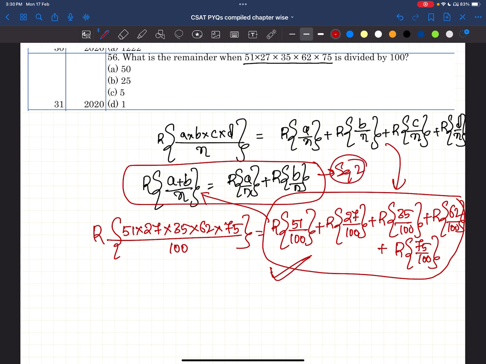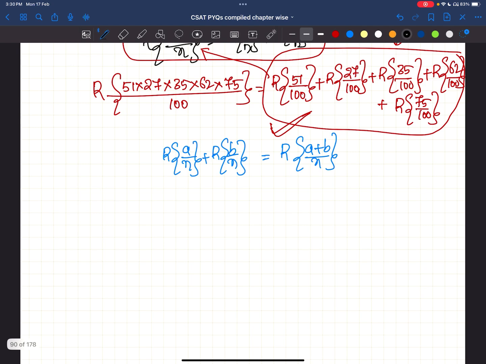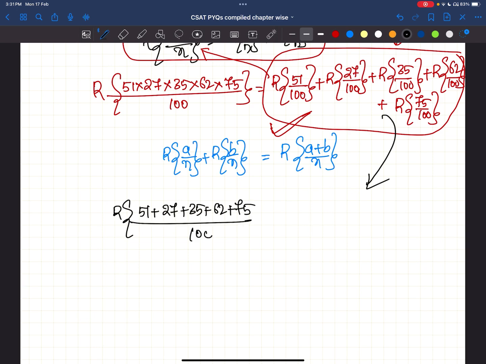From equation 2, you can also write it as remainder of A by N plus remainder of B by N is equal to remainder of A plus B by N, right? That means you can write this as remainder of 51 plus 27 plus 35 plus 62 plus 75 by N. Now, simply add all the above numbers. 250 by 100, what is the remainder?